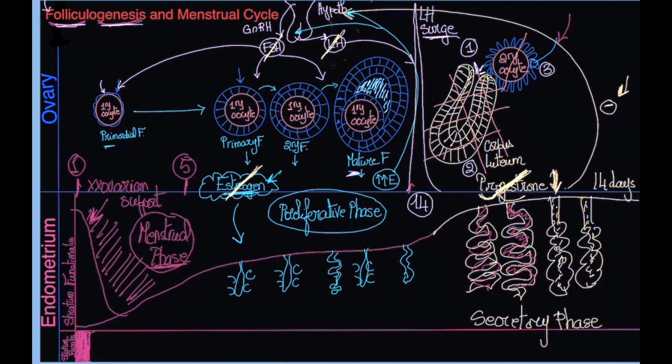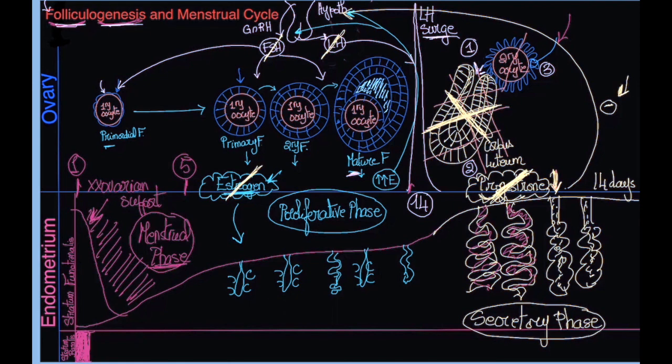After ovulation takes place, next phase of the menstrual cycle is going to be the secretory phase, and this takes place under the effect of the progesterone. What's going to happen if no fertilization takes place again? You break down the corpus luteum, and once you break down the corpus luteum, you're going to have a drop in the progesterone level.